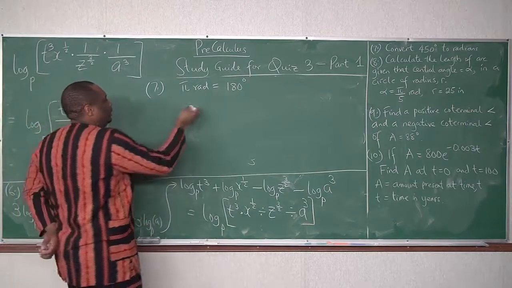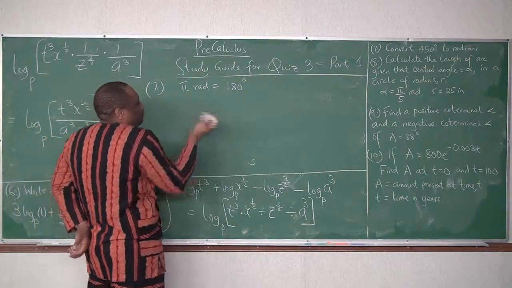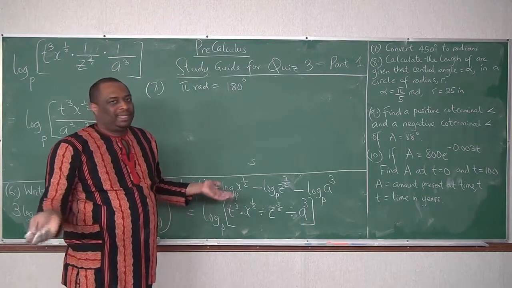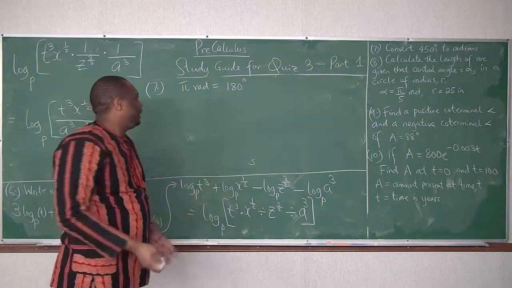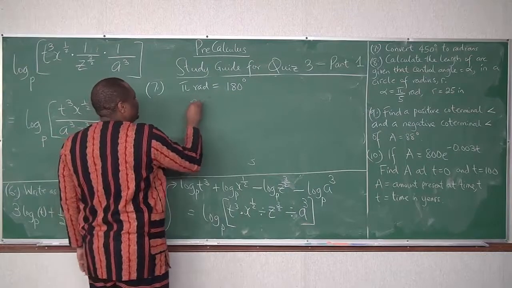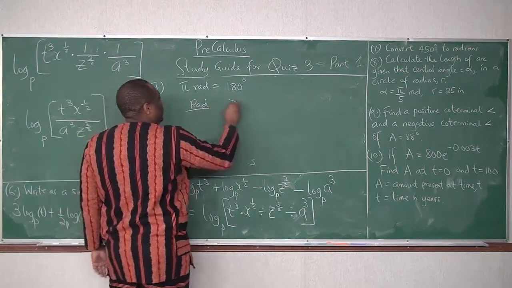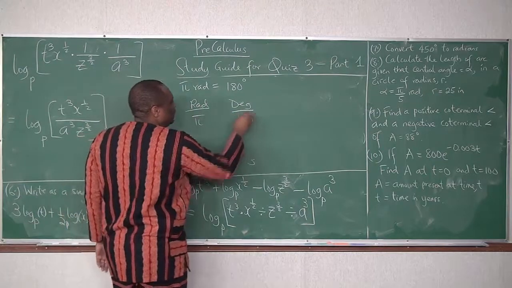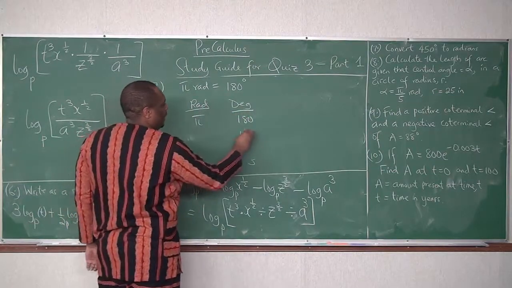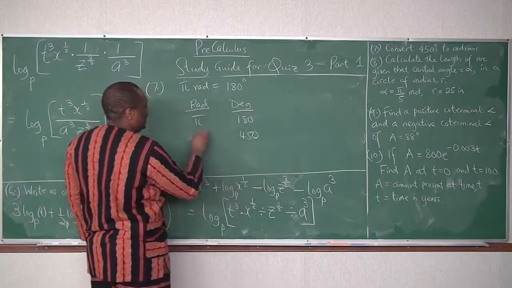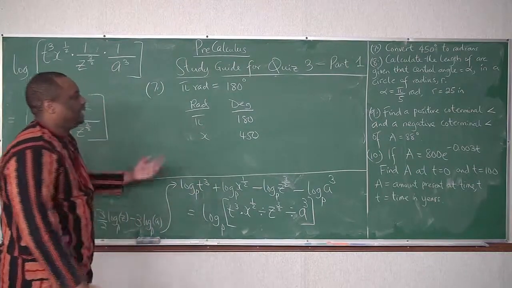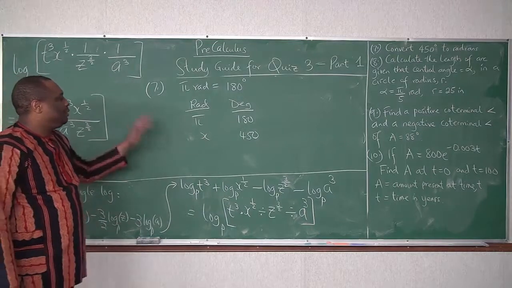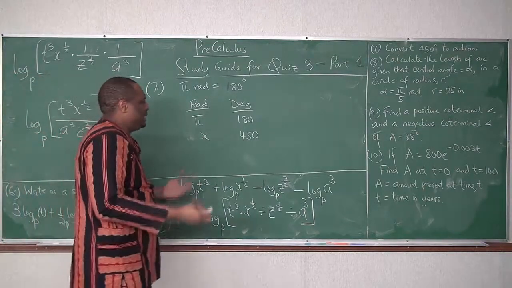You can establish this as a proportion. You can write radians, degrees. This is pi, this is 180. So 450 will be here, and then x. You want to find x. You want to leave your answer in pi.